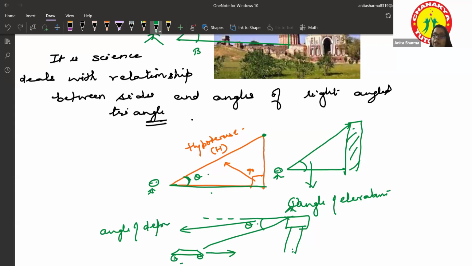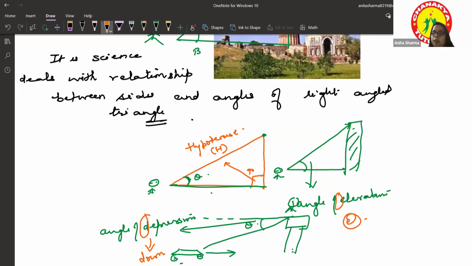You can remember it like this: D in depression means down, so you are seeing downwards, and when you are seeing upward, it means elevation.